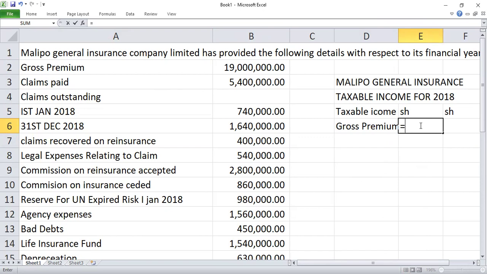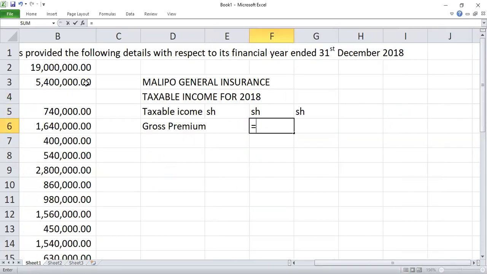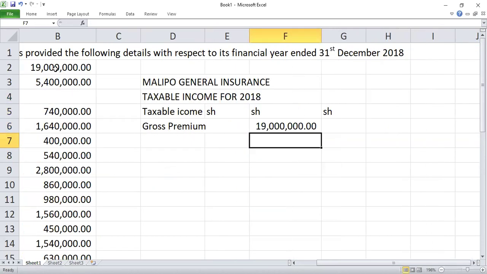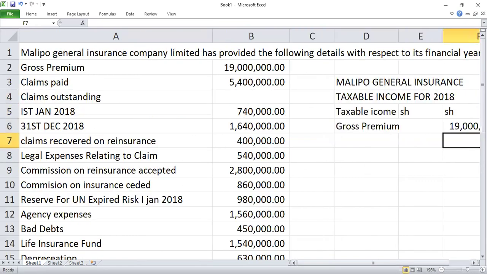The second column we are going to use for expenses. You can see the gross premium amounts to 19 million. But out of the gross premium, there are two things we need to subtract.